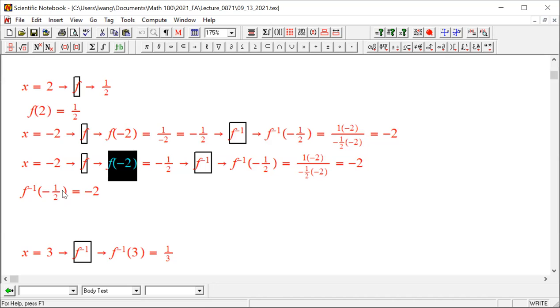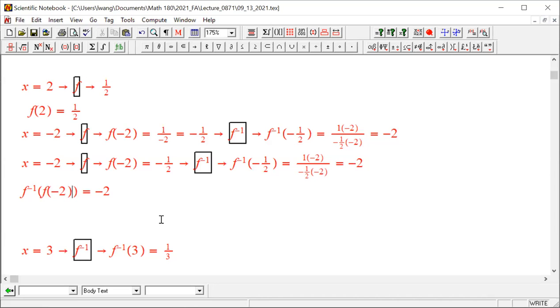So I can replace this -1/2 by its equal, which is right here. So f inverse on f of -2 is going to be -2 exactly. So the question is, is this just an accident or is this always true?